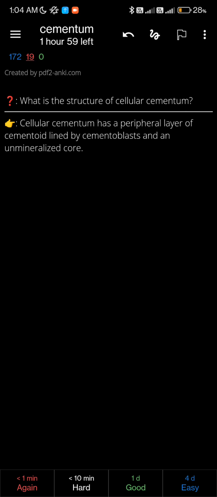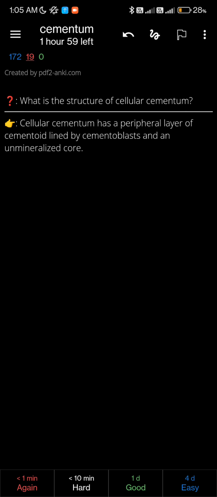So what is the structure of cellular cementum? Cellular cementum has a peripheral layer of cementoid lined by cementoblasts and an unmineralized core.